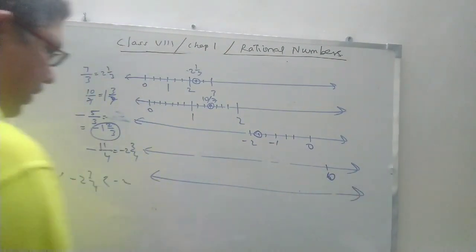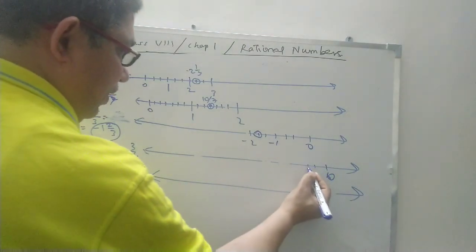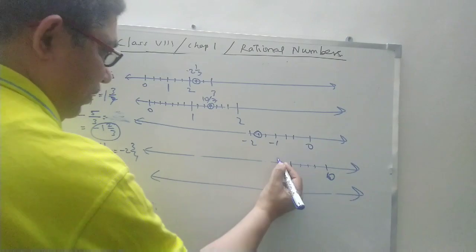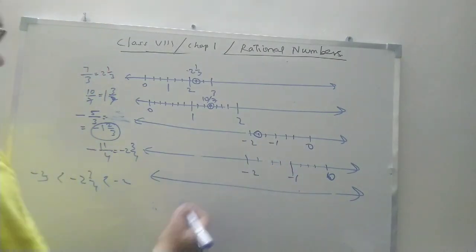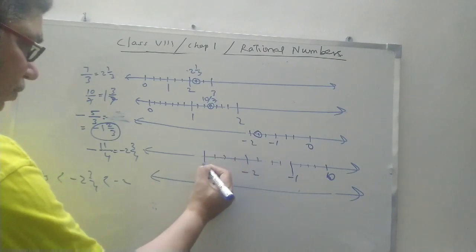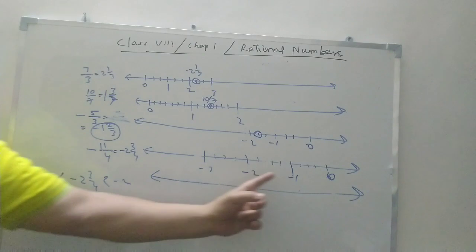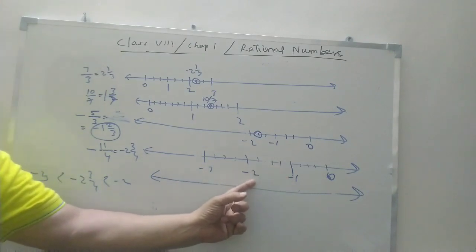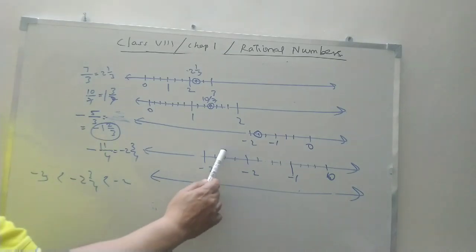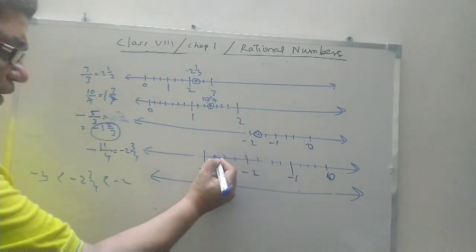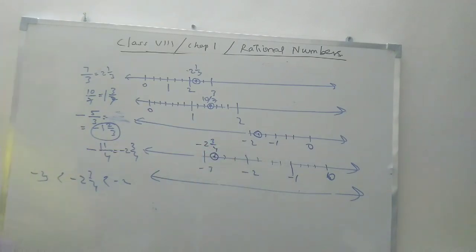And each unit we are taking how many parts? Denominator is 4, we are taking 4 parts. 1, 2, 3, 4, minus 1, 1, 2, 3, 4, minus 2. And 1, 2, 3, 4, this is minus 3. We have to take minus 2. So, okay, we are at minus 2. Then we have to go 3 by 4 more on the left side. 1 by 4, 2 by 4, 3 by 4. Here we come. So, minus 2 3 by 4.